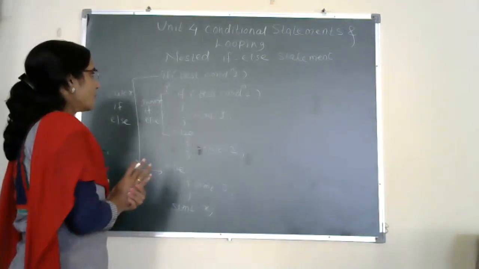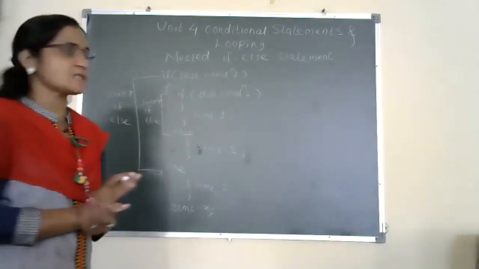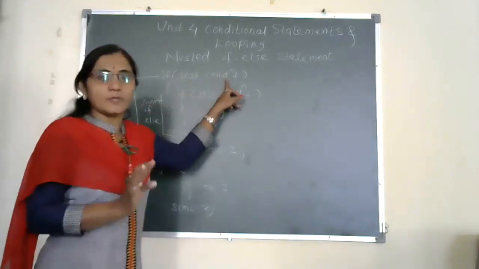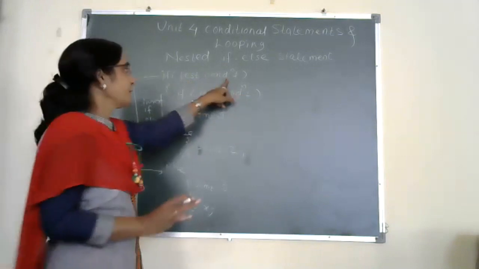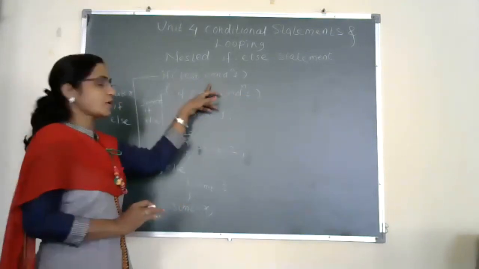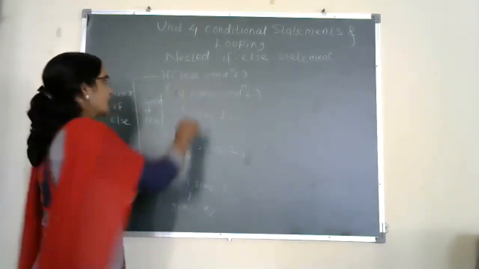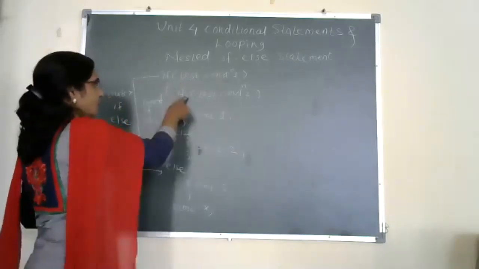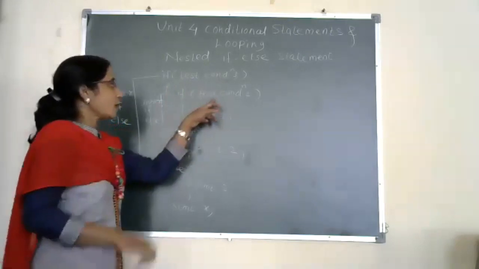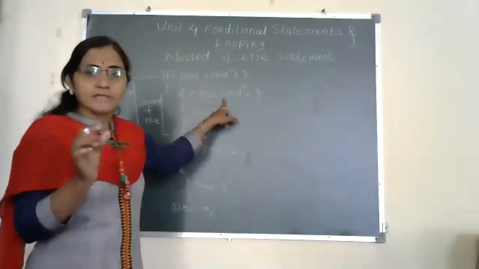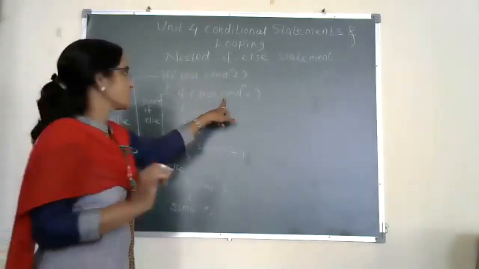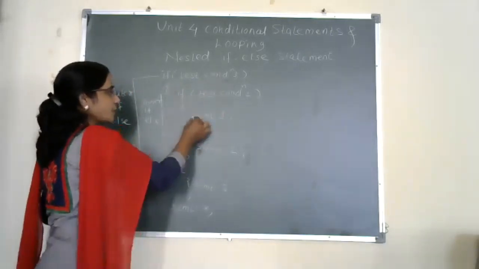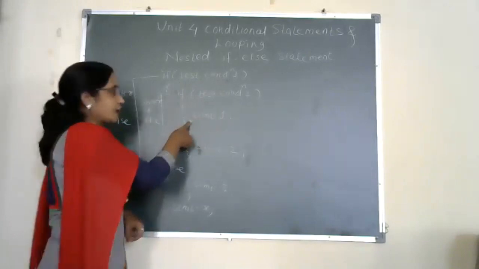So what is the working of this nested if-else statement? First of all, test condition 1 will be evaluated. If the result of test condition 1 becomes true, then it enters the body of this if statement and evaluates the second condition, test condition 2. If the result is true, then the statement 1 block will be evaluated.